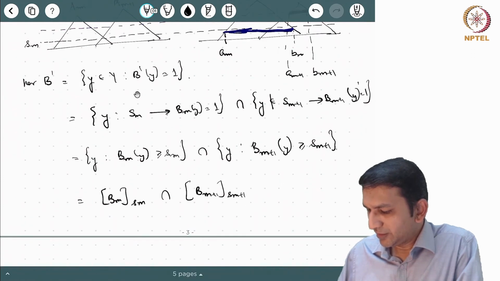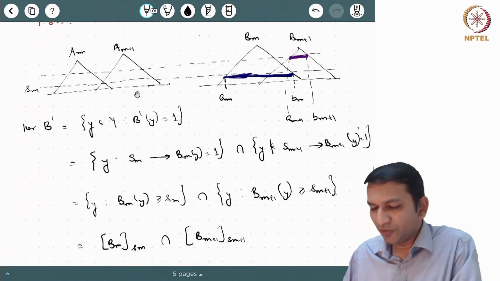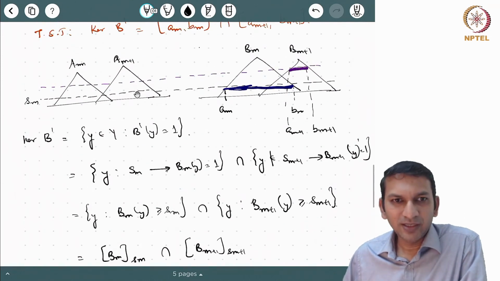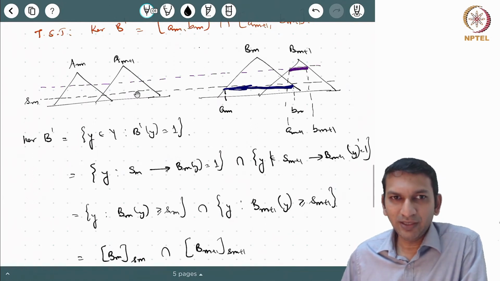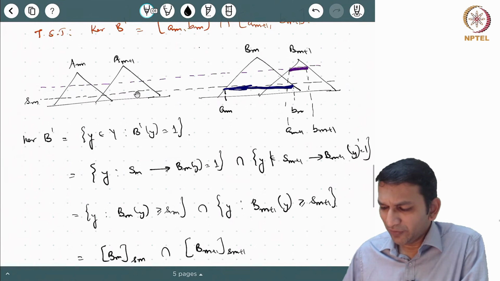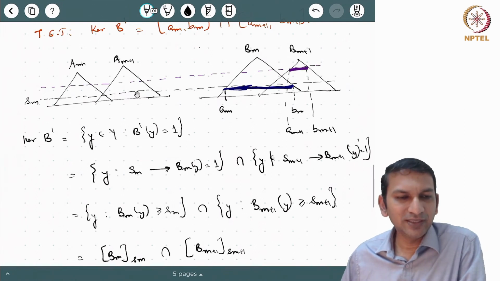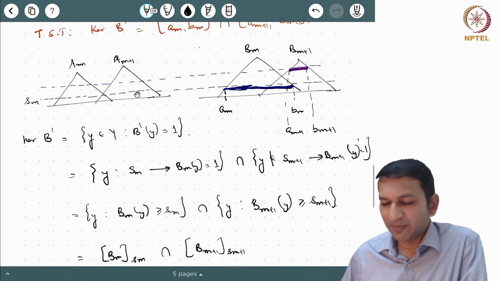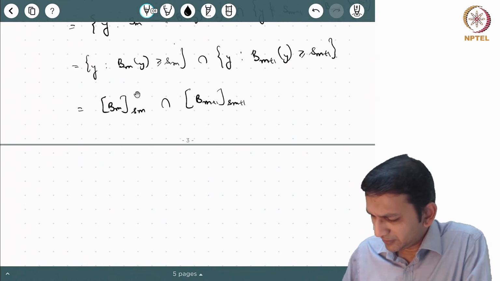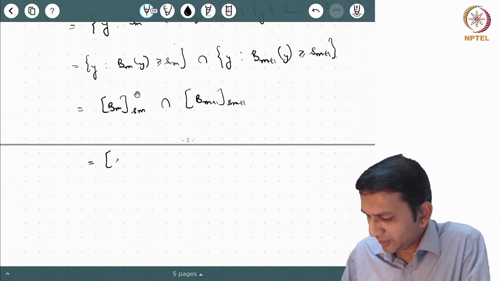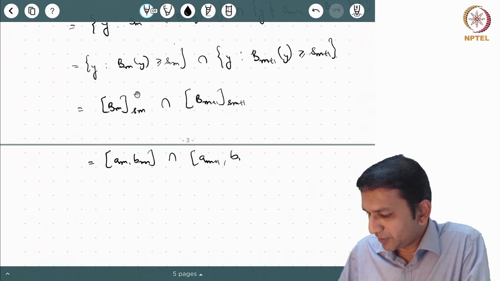So clearly, because of continuity of Bi's, we know that if it is continuous and strictly monotone, it is onto on the domain, which means for every value of Sm plus 1, there will exist some value on y, which we are calling Am, Bm, and Am plus 1, Bm plus 1, such that these happen. So this is essentially Am comma Bm, intersection Am plus 1 comma Bm plus 1.